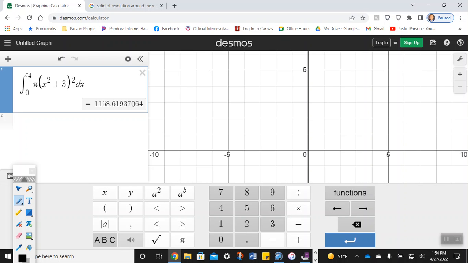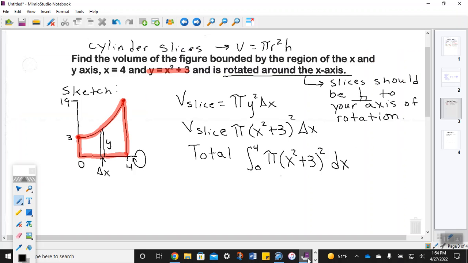Is it right here? Yep, thank you. Okay, so the volume right here, what was it, 1,158.62? Since it's a volume, what type of units, kids? Cubic units.